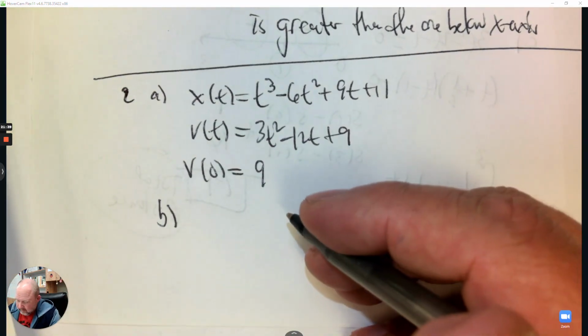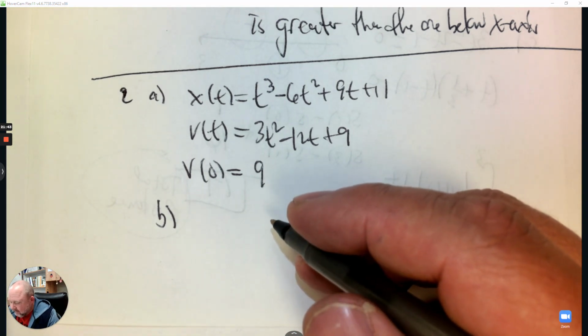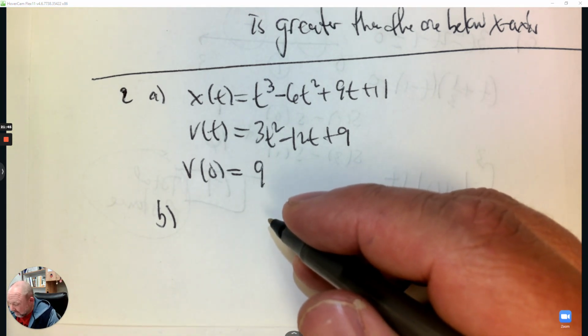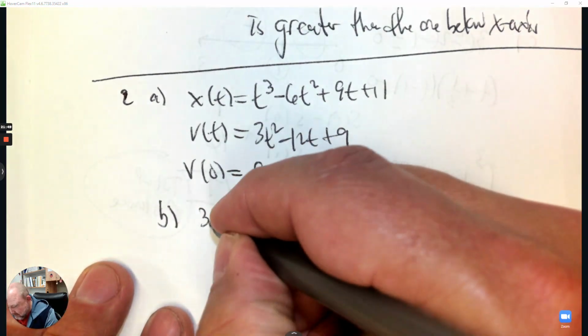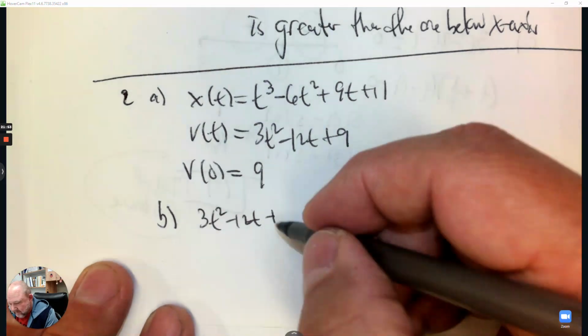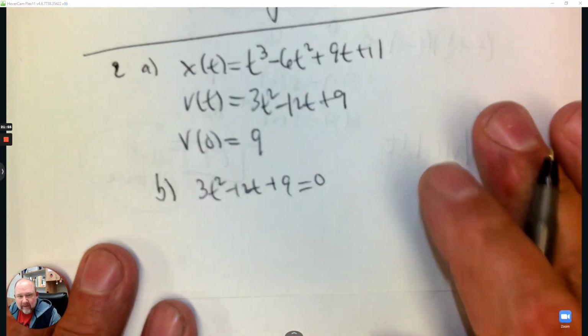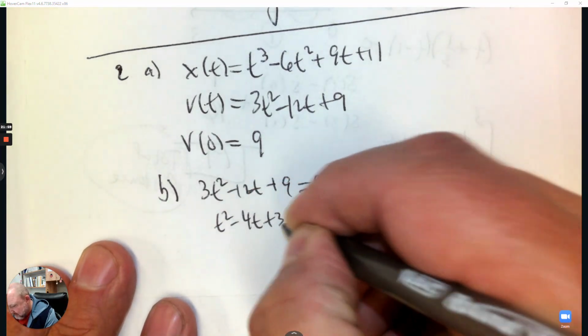Part B. During what time intervals is the particle moving to the left? So, to understand that, you take the velocity, make it equal to 0, and solve it. So I'm going to divide everything by 3. And then when I factor it, I got t minus 1. I got t minus 3.